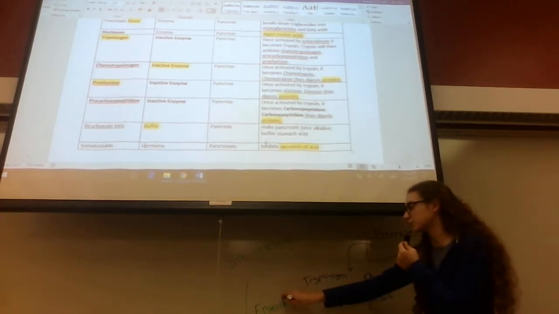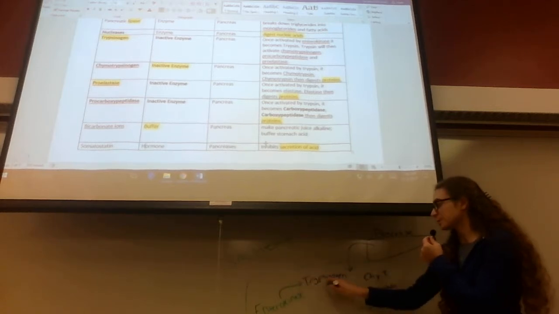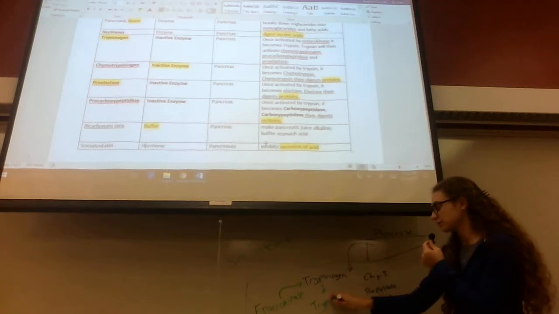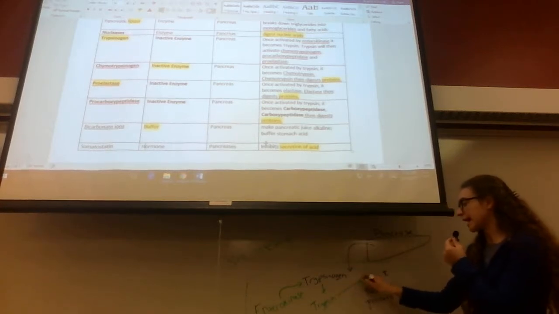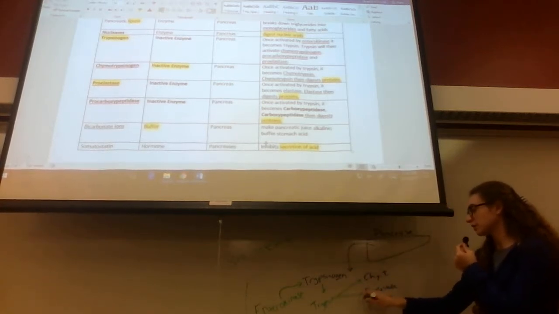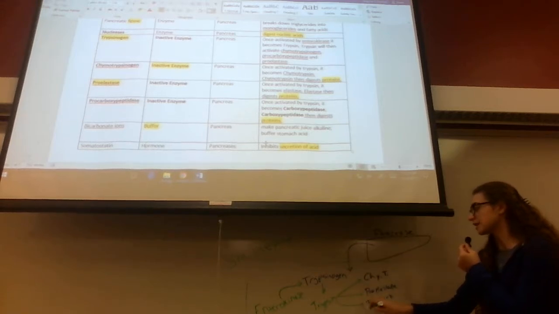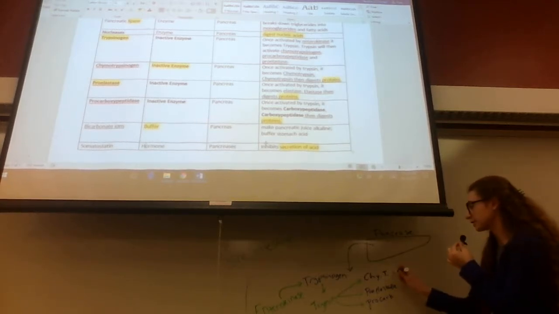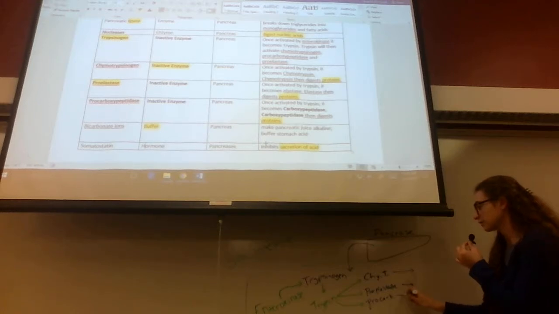So enterokinase will activate trypsinogen. Trypsinogen will turn into trypsin. Trypsin will then act on all three, chymotrypsinogen, proelastase, and procarboxypeptidase, and it will activate them.